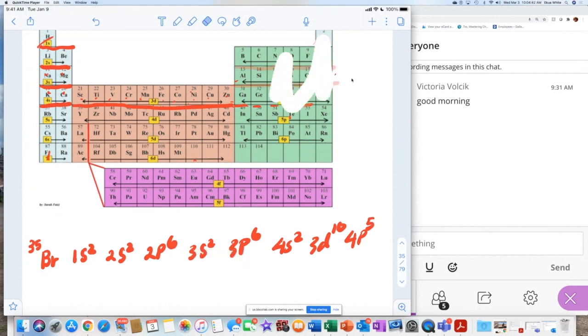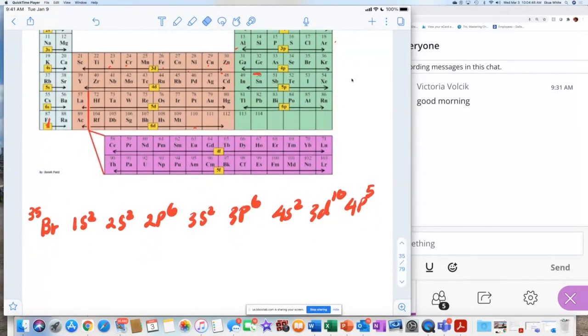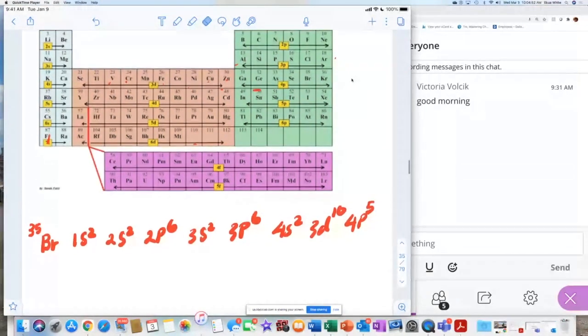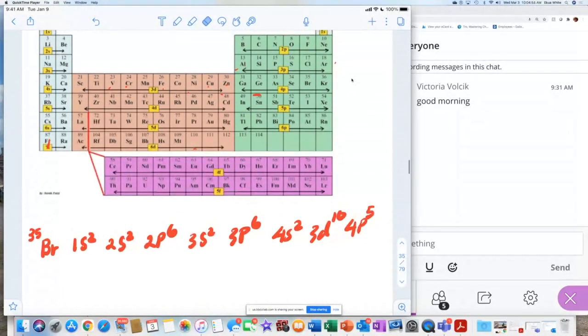Let me go ahead and erase these so I can see what I'm looking at right here. Okay, this is the full configuration. Now I'm going to write the shorthand. Bromine has 35 electrons. Bromine is right here, 35 electrons. So since it's 35, I can't use krypton as the shorthand configuration, right?